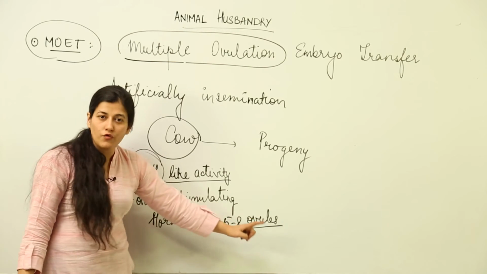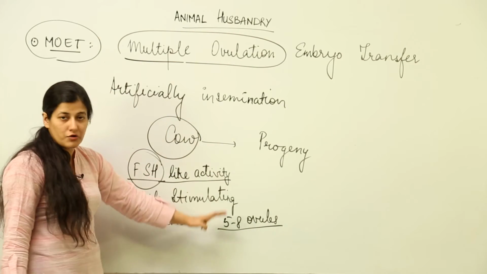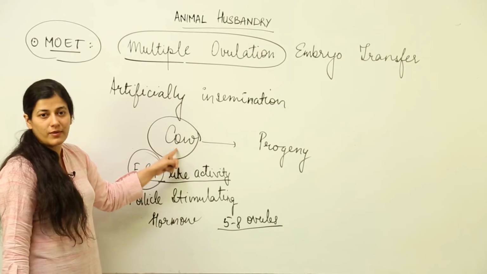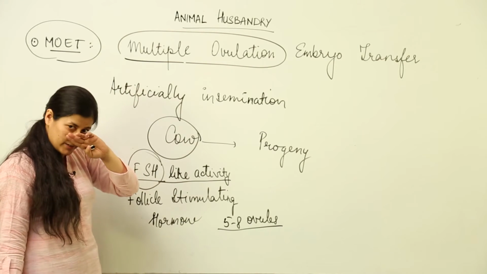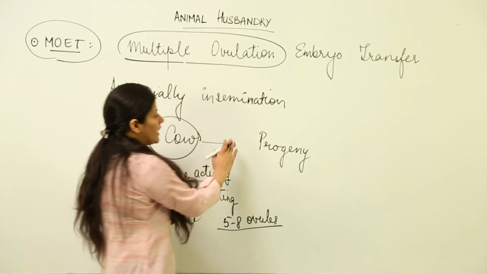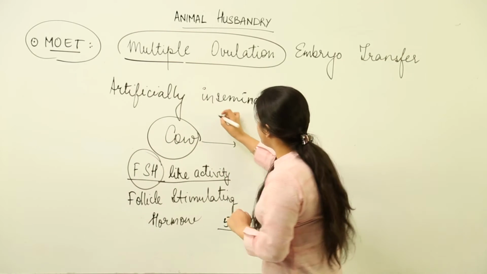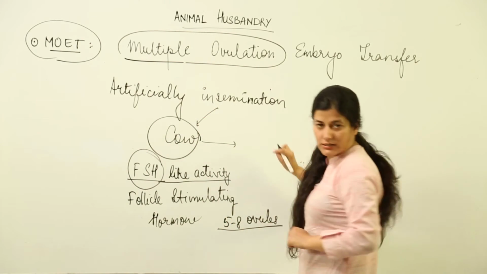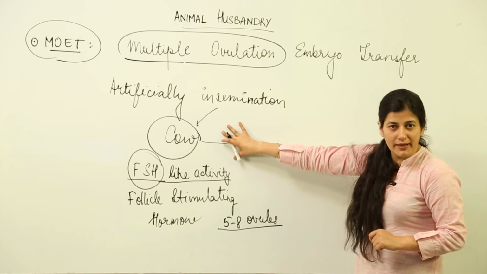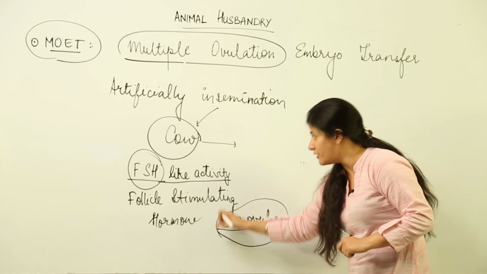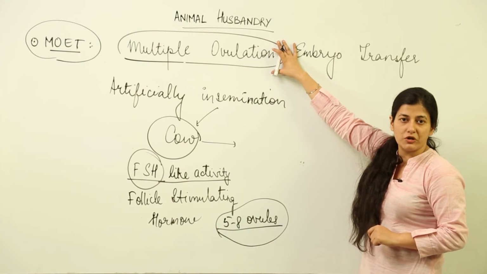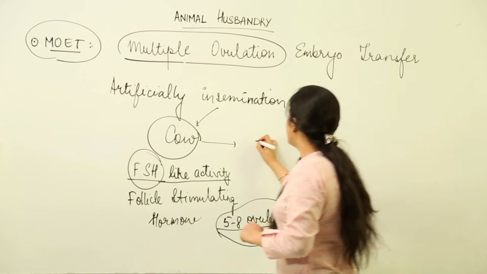So these ovules are being produced by providing a hormone that has FSH-like activity. Very simple. Now this cow is to be artificially inseminated. When this cow is artificially inseminated, the 5 to 8 ovules produced as a result of multiple ovulation will be fertilized.